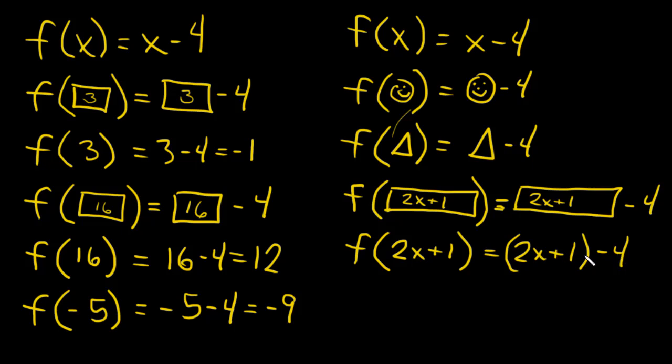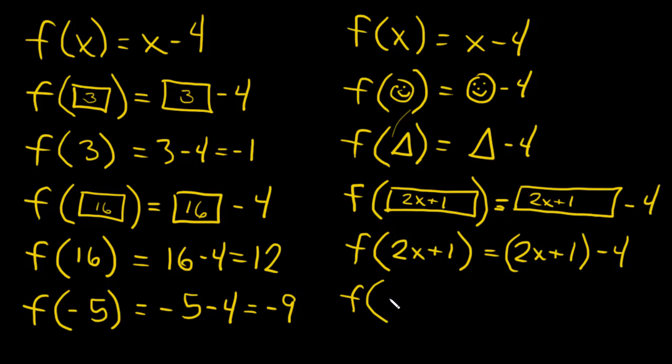And you can leave it just like that. So if you think of your variable, your x here, as just a box or a container that holds a value, and it's equal to that same box minus 4, then you can start throwing things into the box and getting it to sort of make sense. So I can put anything I want in this notation, and it will just distribute down.